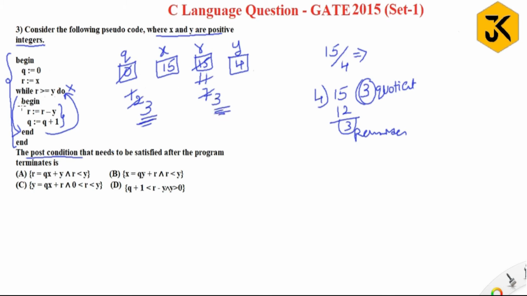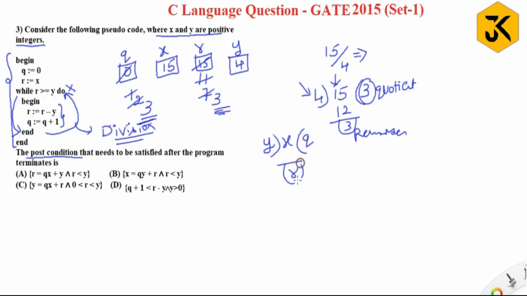This is another form of the division process. I mean, this is divisor, quotient and remainder. Let me assign: x is the dividend, y is the divisor, and quotient is q.